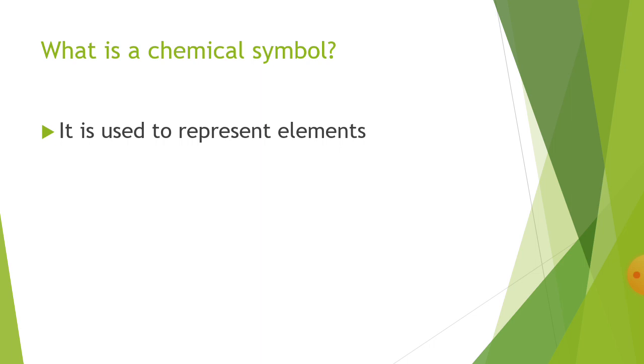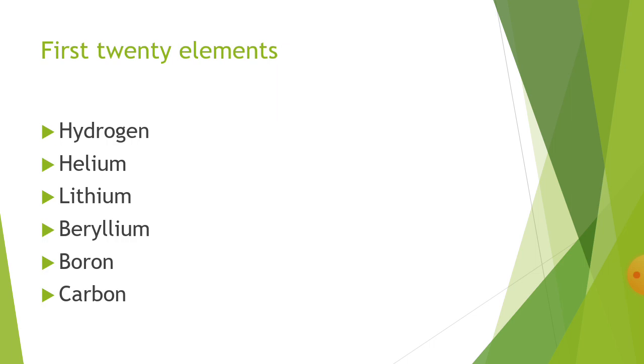For example, hydrogen. If you don't want to spell hydrogen, you can just write a capital letter H, as you will discover later. So this is the list of the first 20 elements of the periodic table.